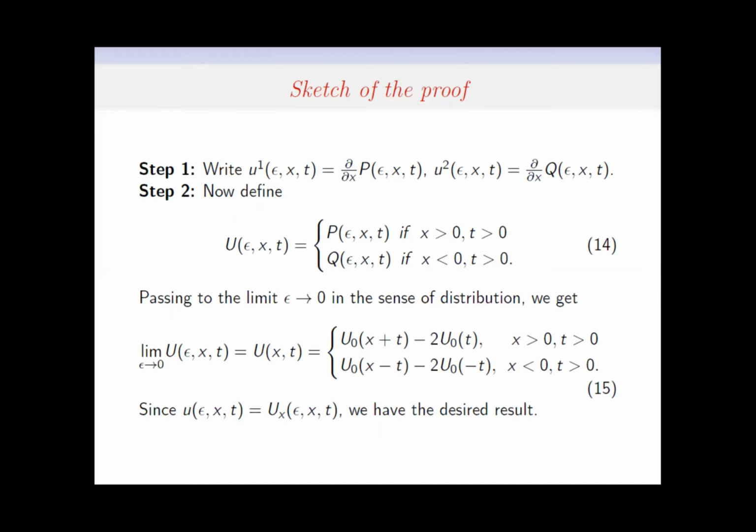Then we define capital U as P in the right half plane and Q in the left half plane, and we pass to the limit in the sense of distributions. We get that the limit of capital U_ε(t) is capital U(x,t), given by equation 15, and then the distributional derivative of capital U gives the small u, and we get the desired result.